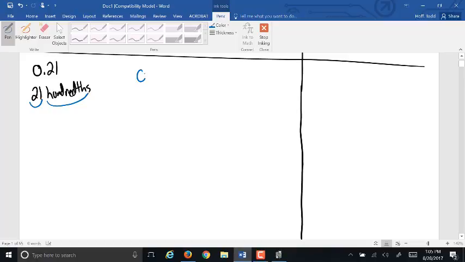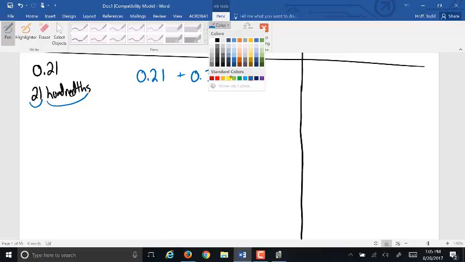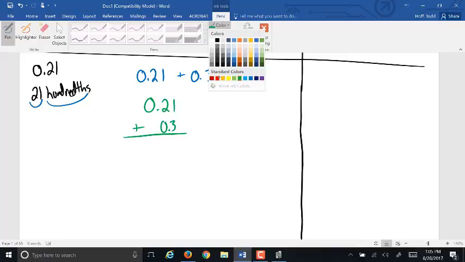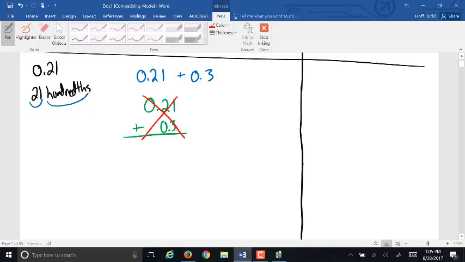So if I were to add 0.21 plus 0.3, is that going to work like that? I have to do what? Yeah, and give them a common name. That's actually very good.